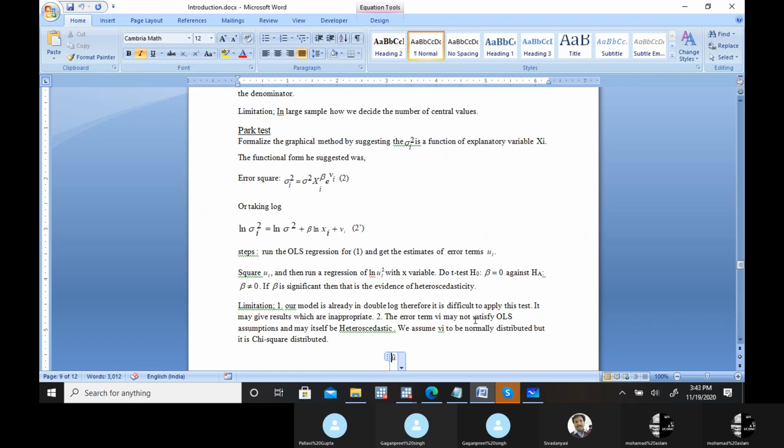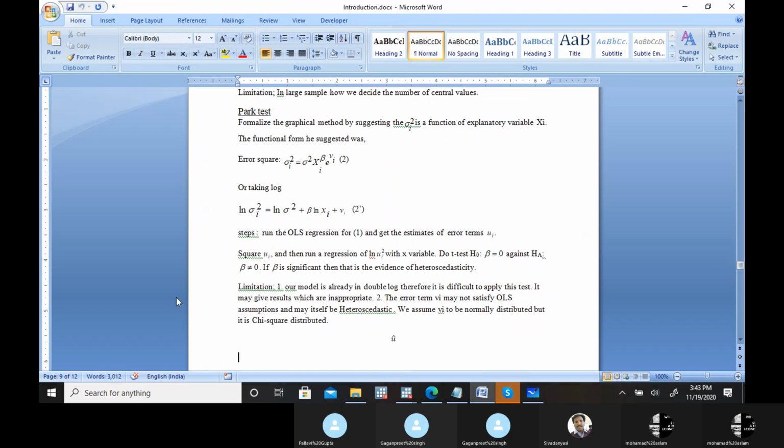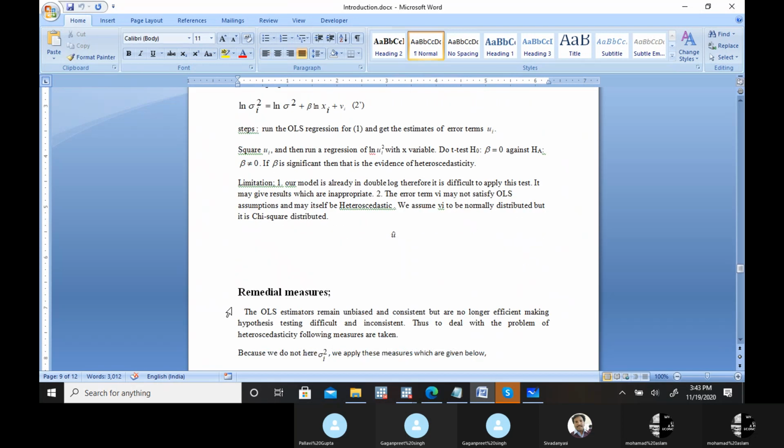Second, this error term may not satisfy OLS assumptions and may itself be heteroscedastic, because the error term which we have in this particular model may follow the chi-square distribution, and it might not follow the OLS assumptions. Although I'm not sure about this second limitation, the first means that in certain models you can't apply this test.